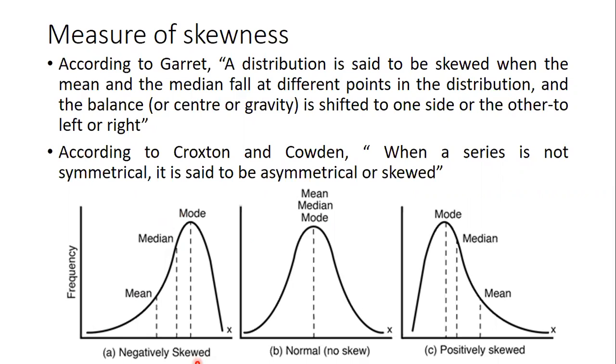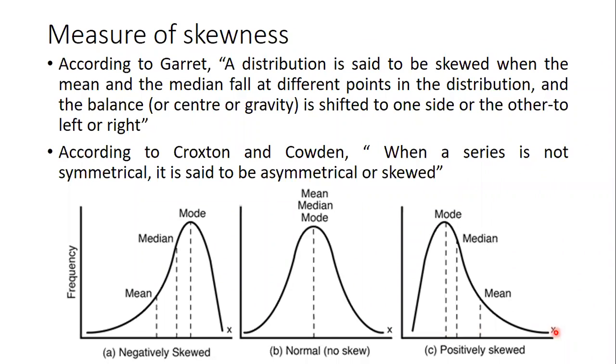It goes to one direction, or if you see the last picture, which says positively skewed, here also the distance between the actual center point of the curve and the extremes of the curve are different. The distance from here to this is not the same as from mode to the other extreme.